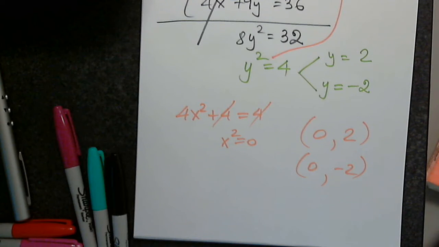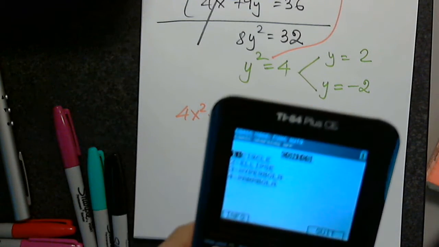I don't know why the software doesn't have it. Do you have this view? No. Let me see if this calculator has it. Oh yeah, I do have it. Okay, so here it is.